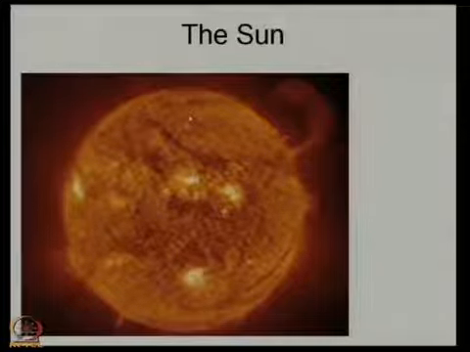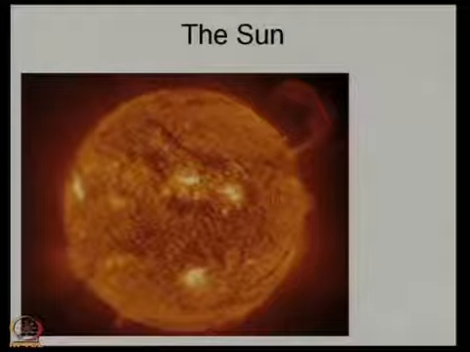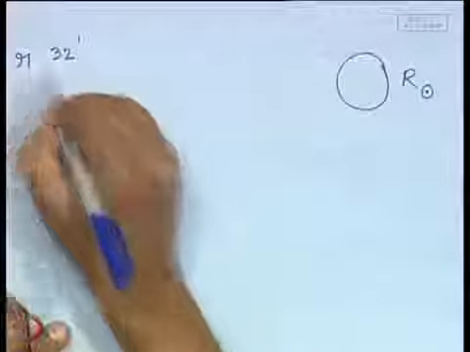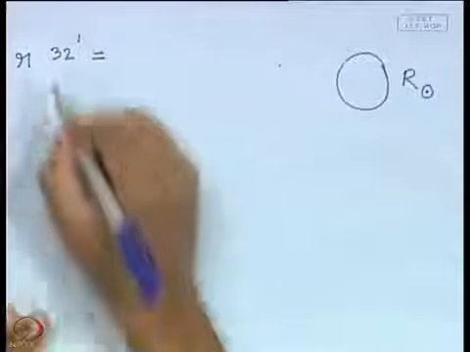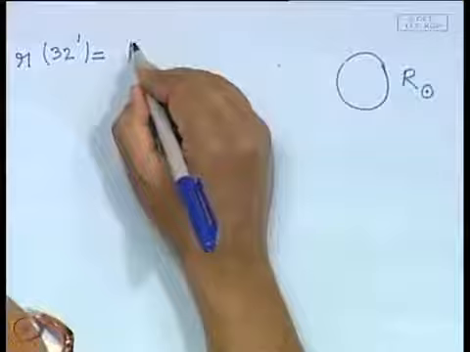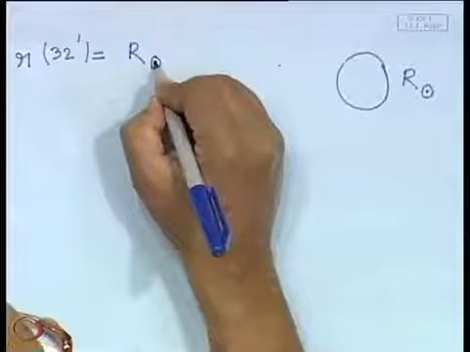So, if you know the distance to the sun, which we already have discussed, the product of these two, if you convert this to radians, will give you the diameter of the sun.